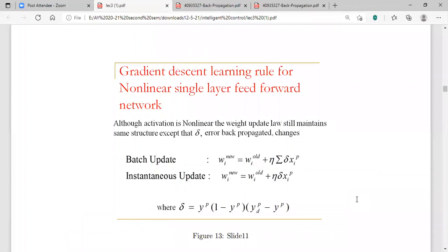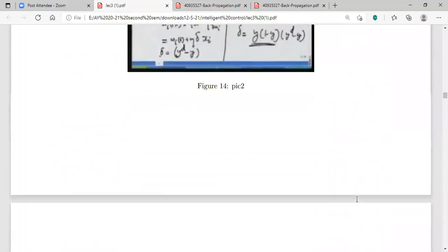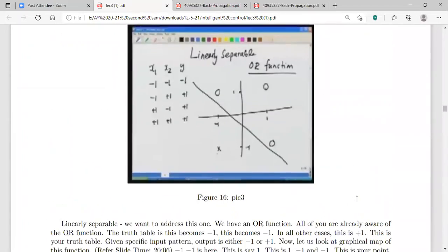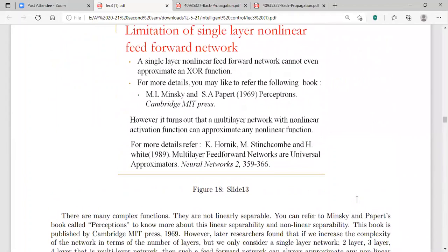We are also using gradient descent learning rule for nonlinear single layer feed forward network. So what are the limitations of single layer nonlinear feed forward network?